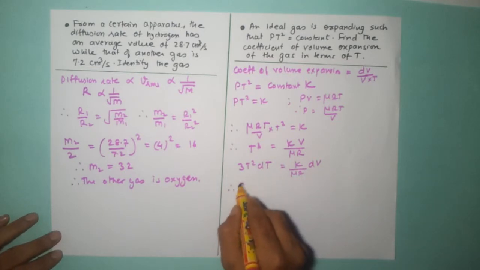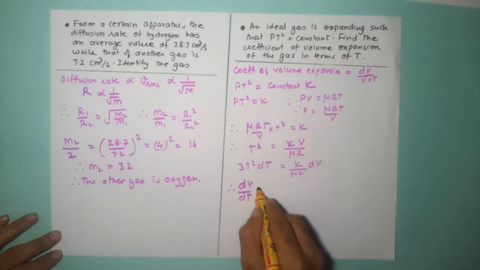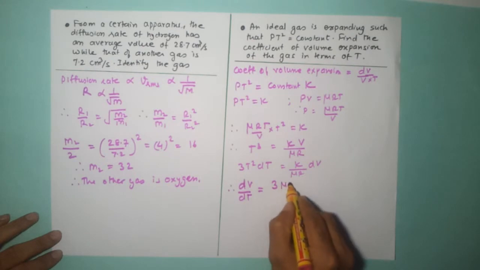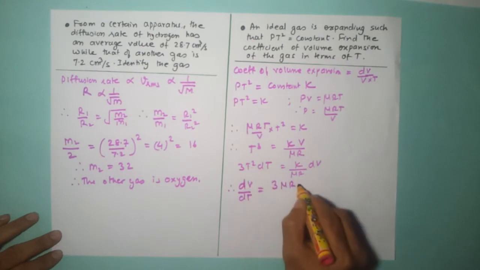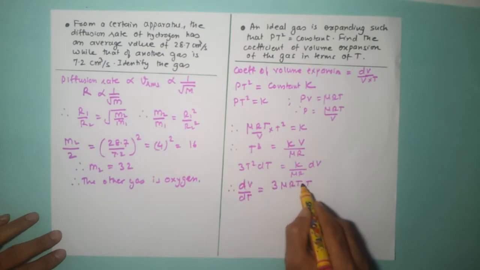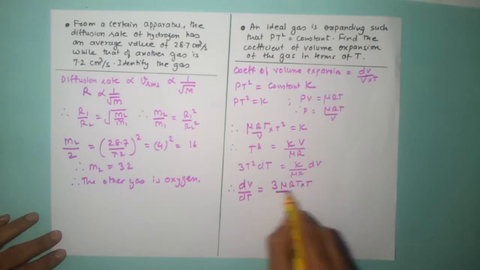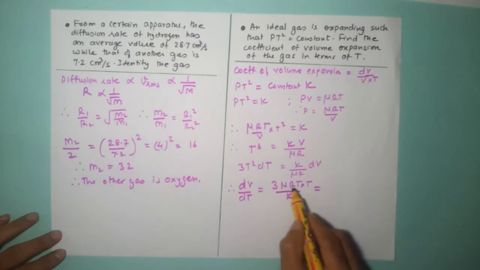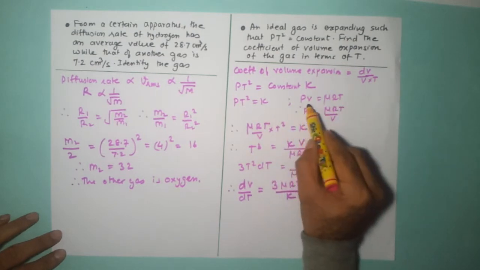Therefore now I can write down dV by dT is equal to 3 mu R T into T upon K. There T square, so I am putting it separately as T multiplied by T. Now pay attention to this part. What is mu RT? Mu RT is PV, right?